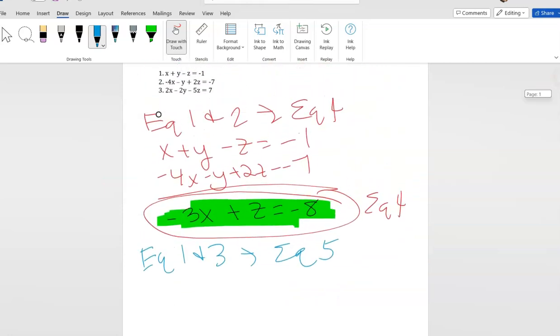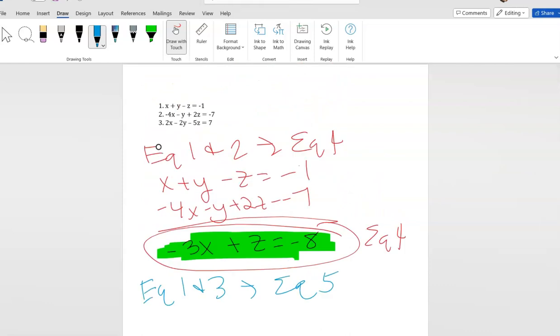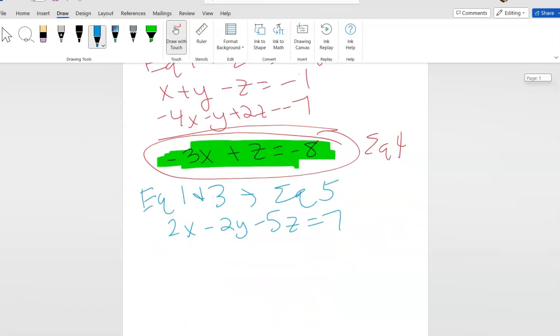So equation 1, I can see here, I need to cancel my y. So I'm going to leave equation 3 as is. Okay, so I'm going to take that down. 2x minus 2y minus 5z equals 7. And then this top one, I need to times by 2, right? So that I can line up those.